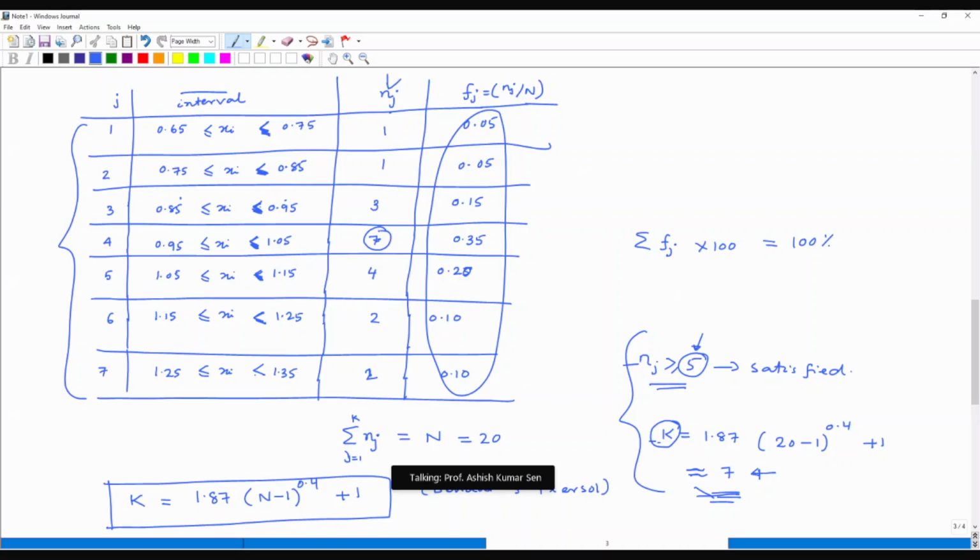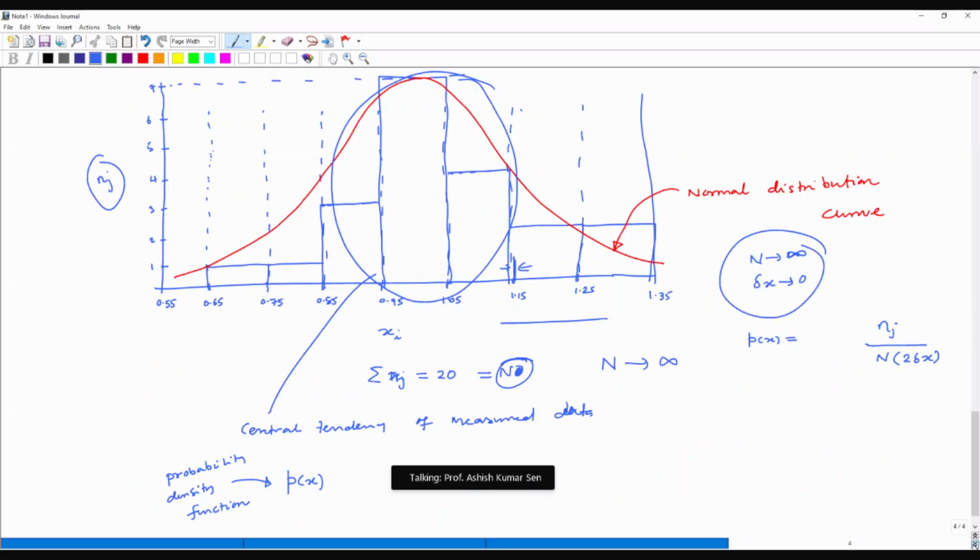And Nj is here. So Nj divided by n times twice delta x, under the limit when delta x becomes 0, we call that the probability density function.